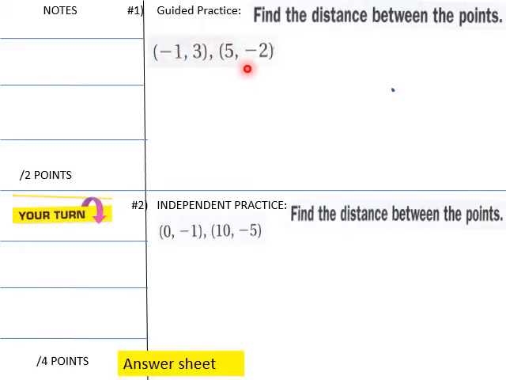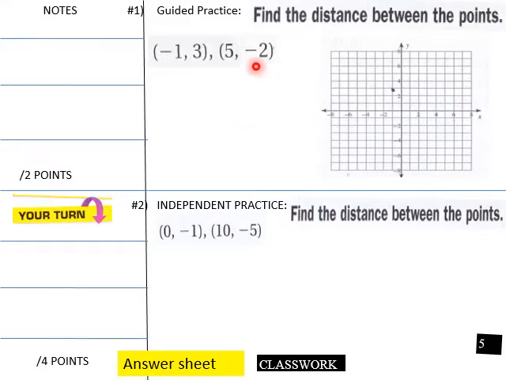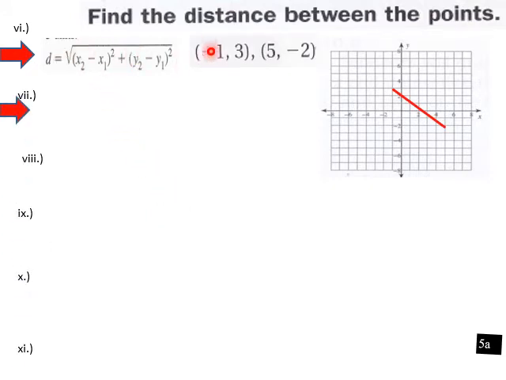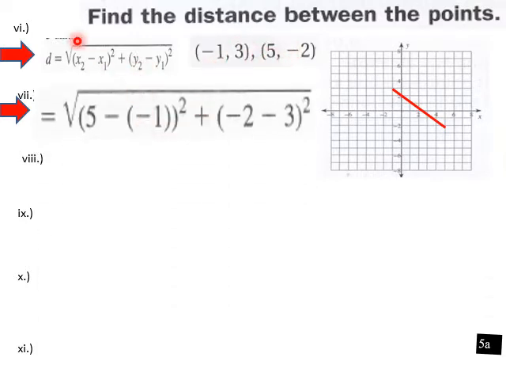Okay, now let's do this in your guided practice. Students, this is you, so pay attention up here. Find the distance between the points -1, 3 and 5, -2. Here's your line on your grid, but we have our coordinates, so we just plug those into our formula. We have 5 minus -1 squared, and then -2 minus 3 squared.